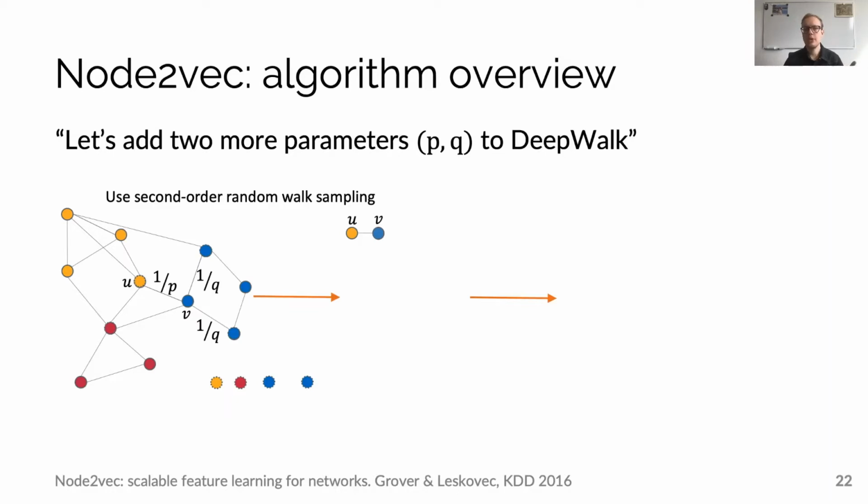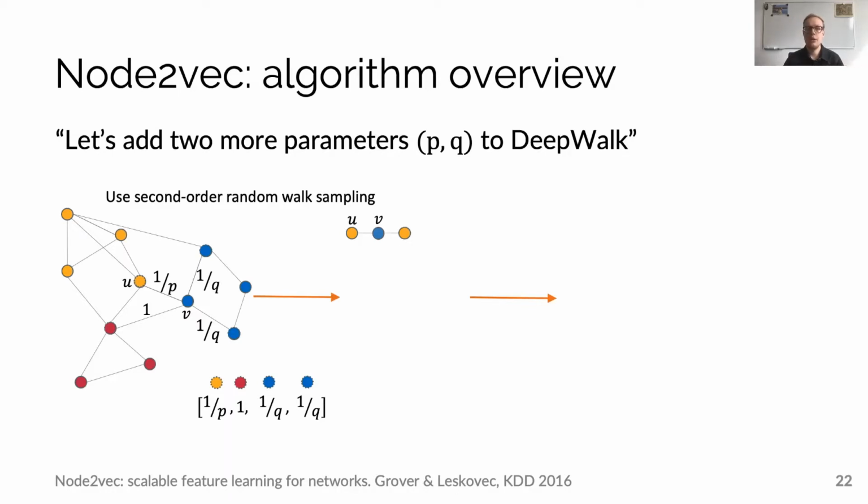So notice that blue nodes are not connected with the yellow node, U, so the weight of going to them is 1 divided by Q, and then the weight of going to the red node, because it's connected to the previous node U, is 1. So we have this array of 4 nodes, and we record the weights, and then we normalize them, so they're a probability, and we sample from them.